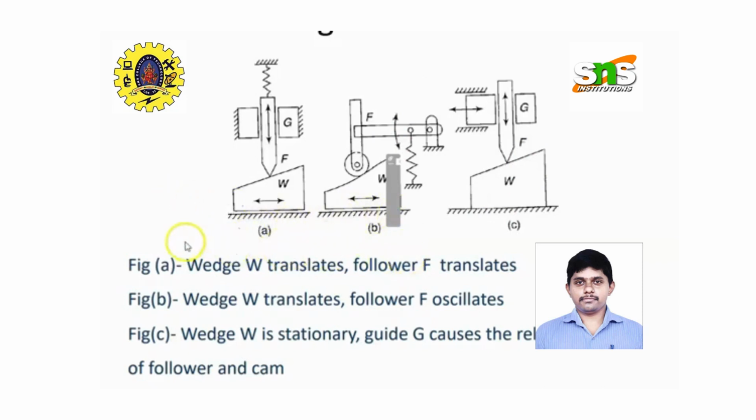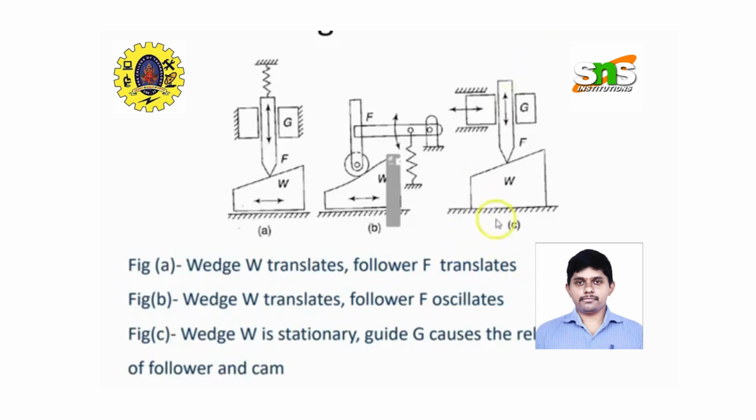Here, with the help of the spring, the movement of the follower is calculated. Figure A represents the wedge W which can translate.